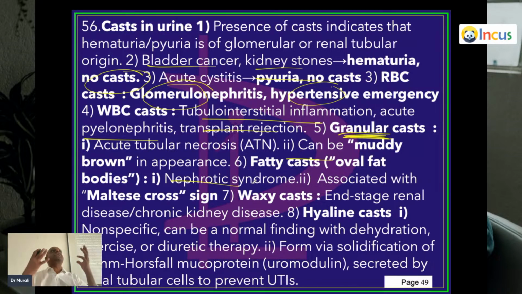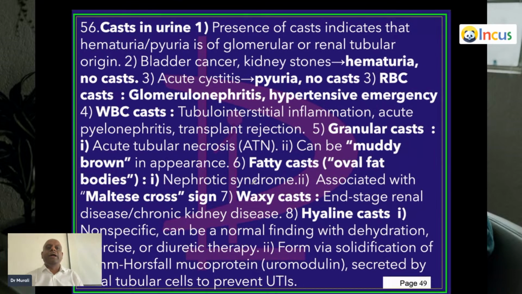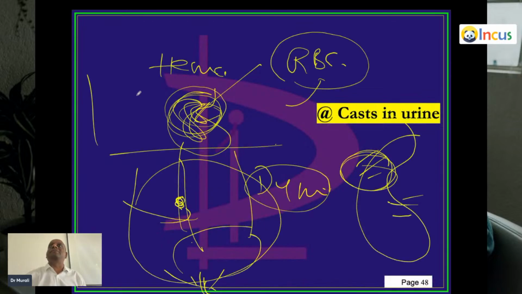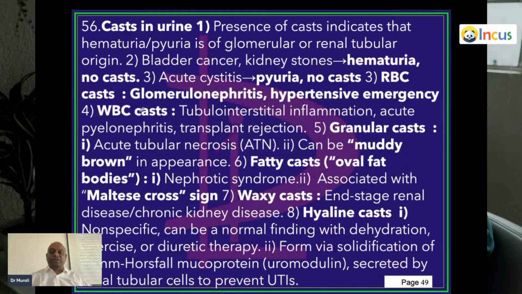Then you have waxy casts when end stage renal disease is there. किडनी गया, पूरा किडनी स्मॉल हो गया, स्क्लेरोटिक हो गया. इसमें क्या होता? Tubules become dilated. So any cast formed will be a broad waxy cast, in chronic kidney disease. Okay.